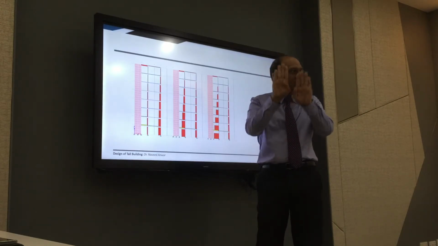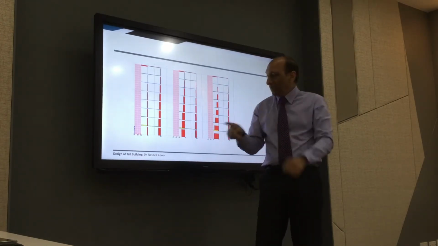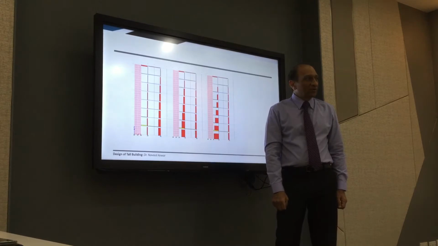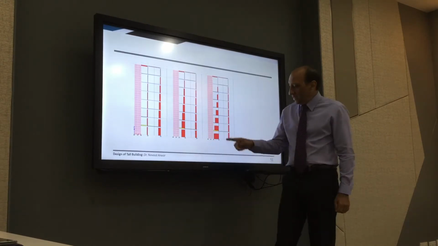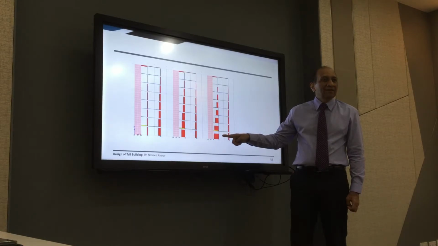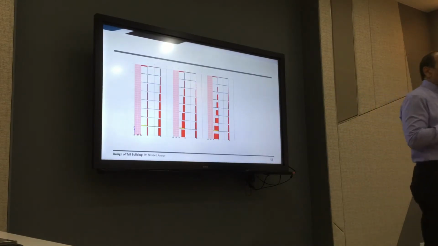No shear is being transferred between this and this. They are all just bending. But here we can see that some of the bending is being converted into axial force. Here a large amount of axial force is being generated. So a lot of bending is being converted into axial force, which is very good.